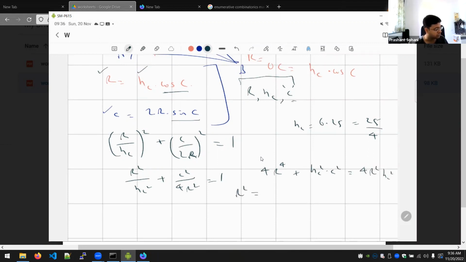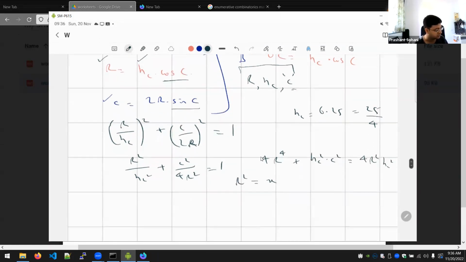Let R square be denoted by some variable X. So this is nothing but 4x square.